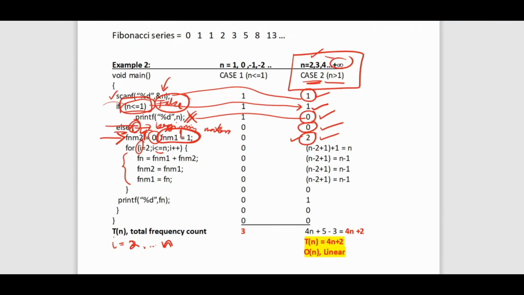So the number of iterations would be n minus 2 plus 1, right? So that gives you how many iterations? Minus 2 plus 1 is minus 1. So n minus 1 is the number of loop iterations. And since this is a for loop heading, the frequency count of a for loop heading would be number of iterations plus 1, right?